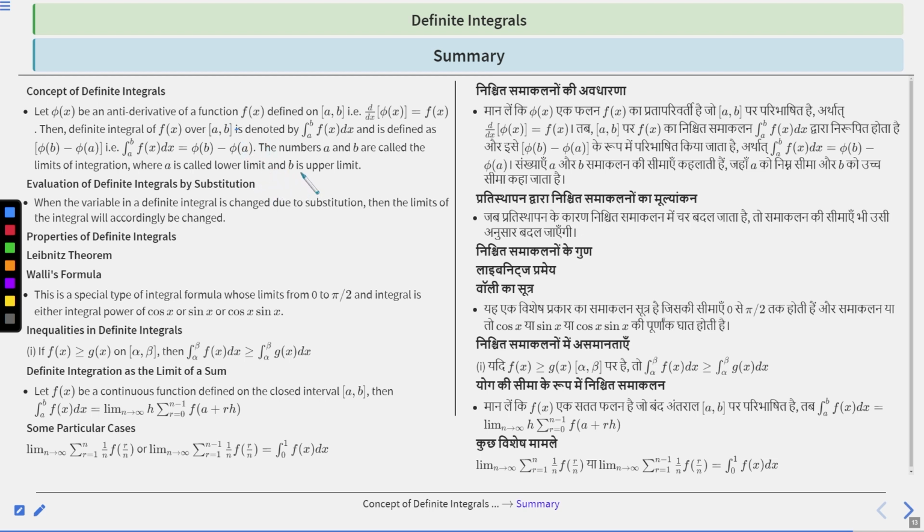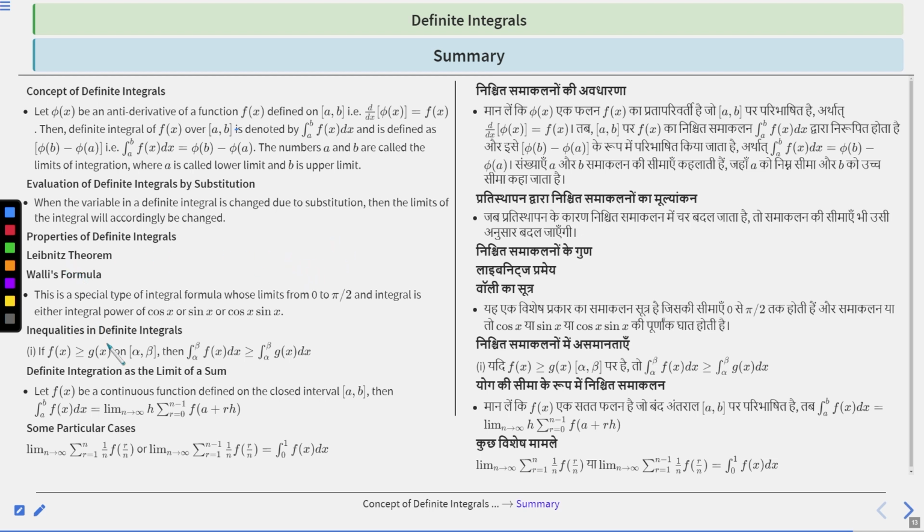The numbers a and b are called the limits of integration, where a is the lower limit and b is the upper limit. After that, we studied evaluation of definite integrals by substitution, where, when the variable in a definite integral is changed due to substitution, the limits of the integral will accordingly be changed.